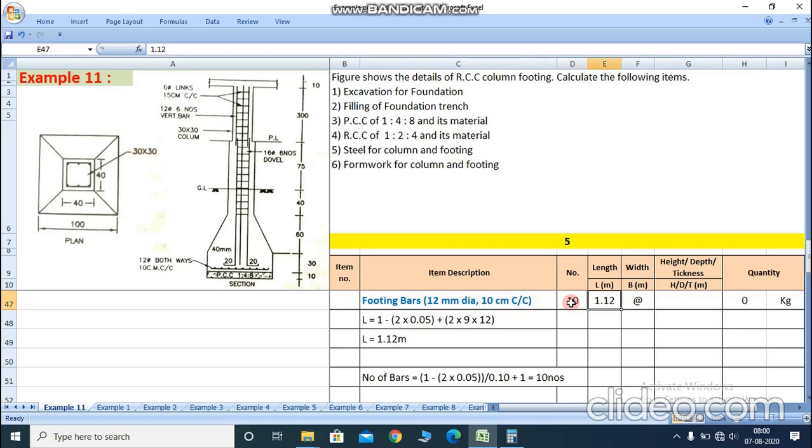we take here 10 numbers, but here one point is, it is both the way. For a single way 10 numbers of the bar we calculated, for both ways 20 numbers of the bar, so 10 multiplied by 2 is 20. Now per meter length weight of the bar is d square divided by 162.